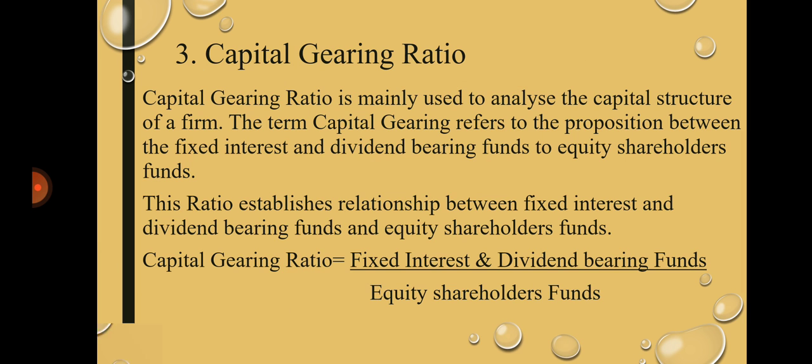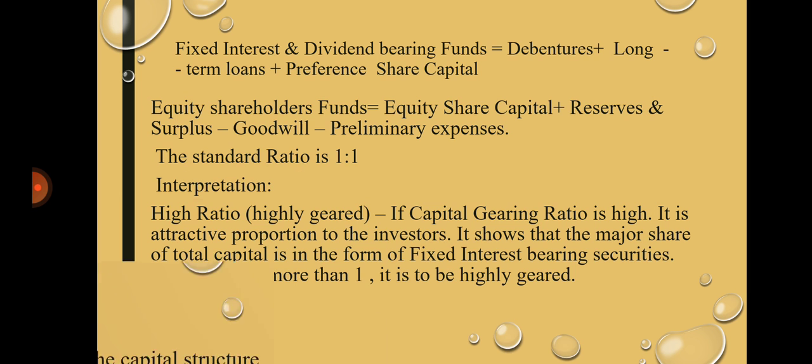The last one is the capital gearing ratio. The formula is fixed interest and dividend bearing funds divided by equity shareholders' funds. Fixed interest and dividend bearing funds include debentures, long term loans and preference capital, meaning that irrespective of the profitability of the business concern, these securities get a fixed amount of interest and dividend on their investment.